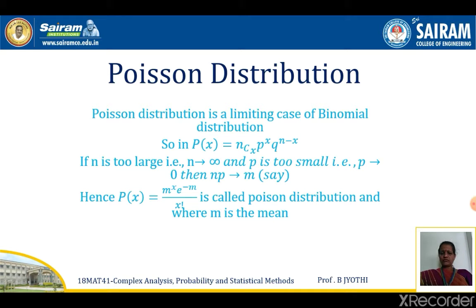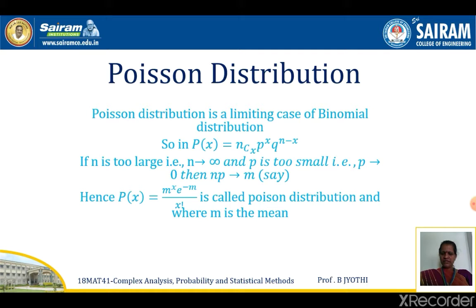In the binomial distribution, we observe that p of x is given by nCx into p power x into q power n minus x. If n is very large, that is n is tending to infinity, or the sample size is very big, and p is very small, p being the probability of success, that is p is almost tending to 0, then np is tending to m, let us say.